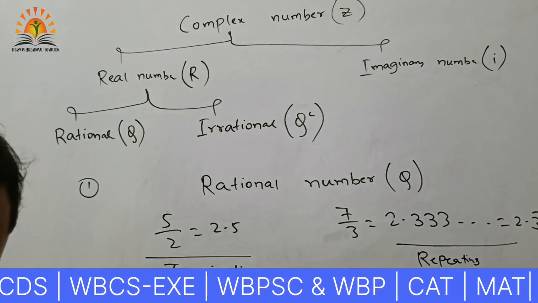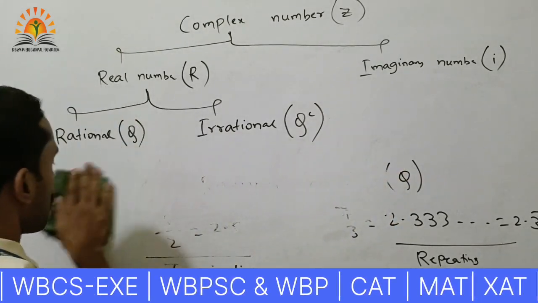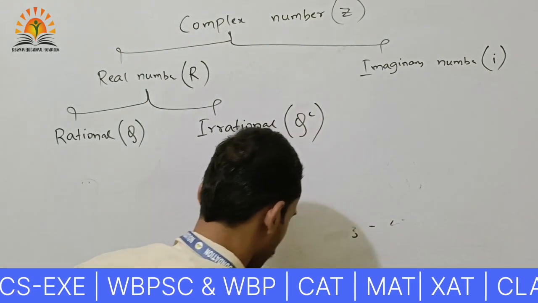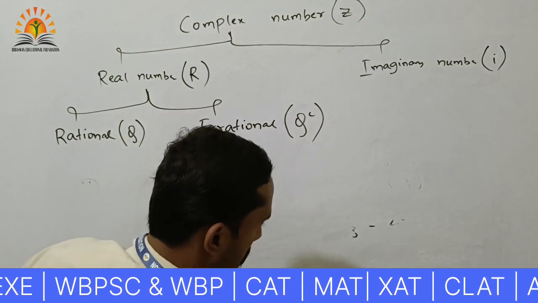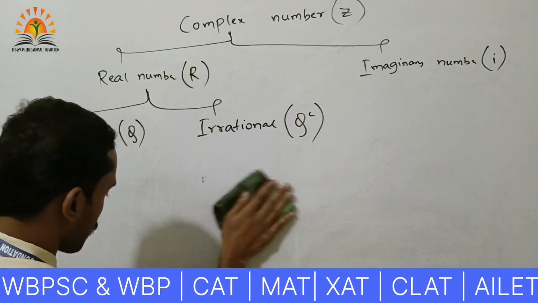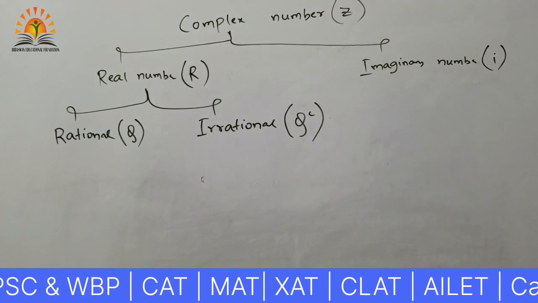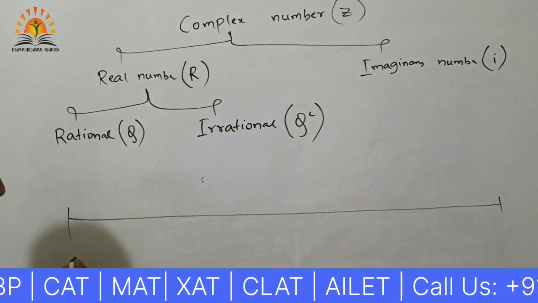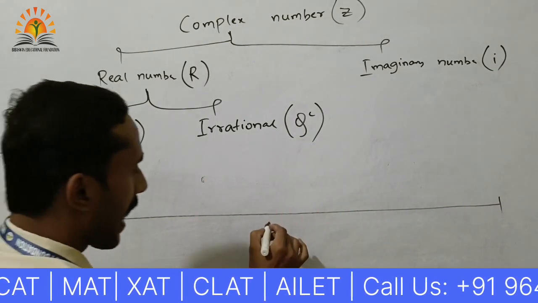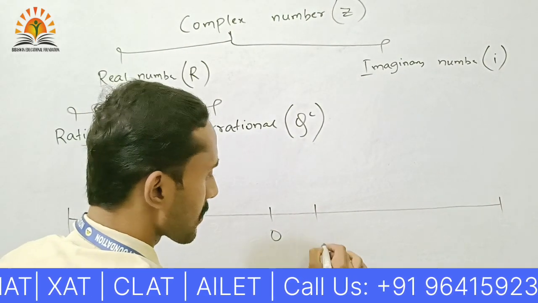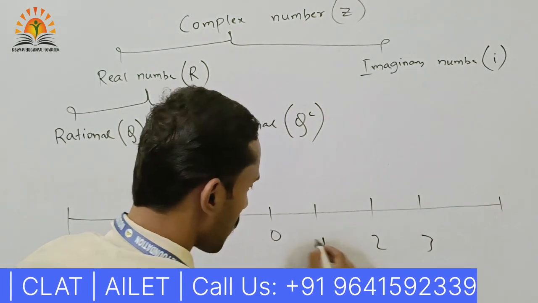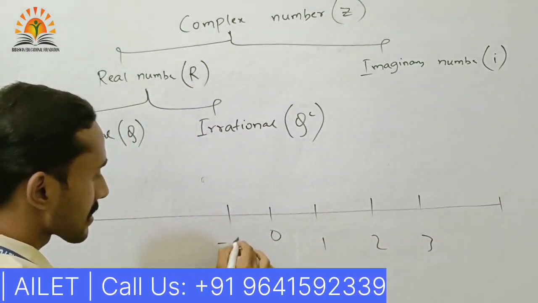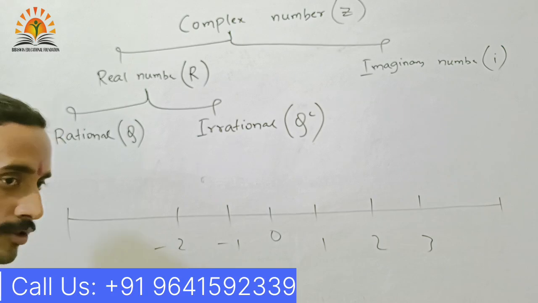So they make a beautiful line. They make a straight line, clear? In this straight line there are some rational numbers and some irrational numbers also.